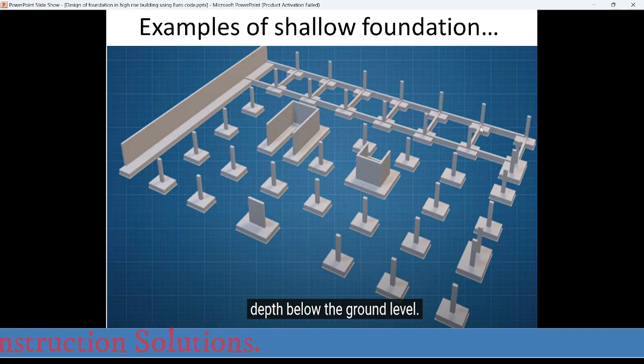The other type of foundation is the strip foundation, here and also here, just like this. And here we have also a combined footing foundation, which carries load coming from two columns. So this is what we call the combined footing.